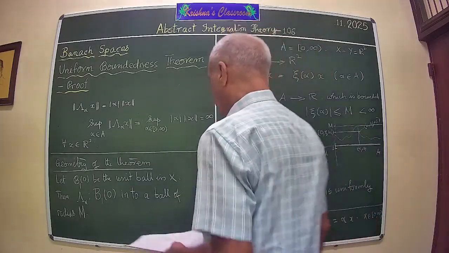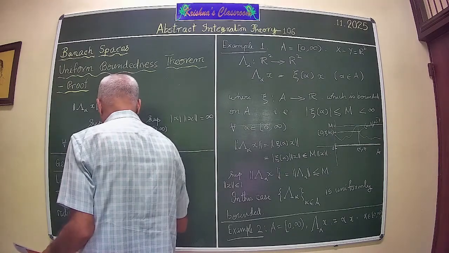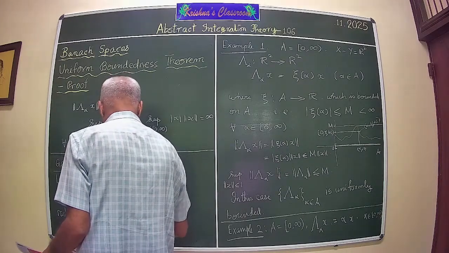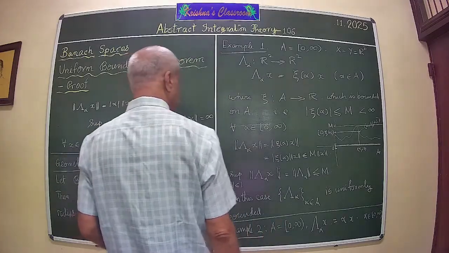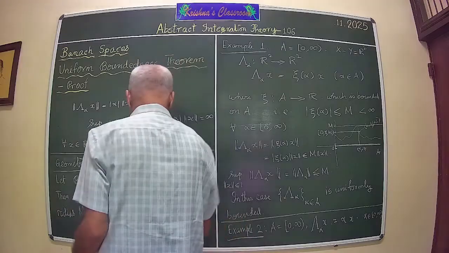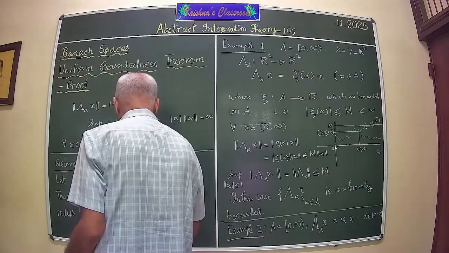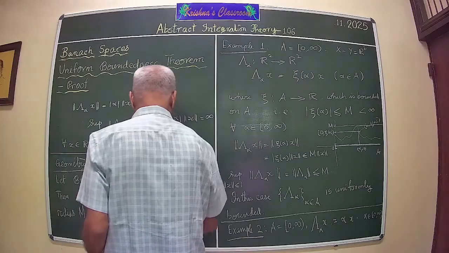This is what you are saying. You are saying this, that the norm of this is less than or equal to this, the norm in Y, this is less than or equal to.